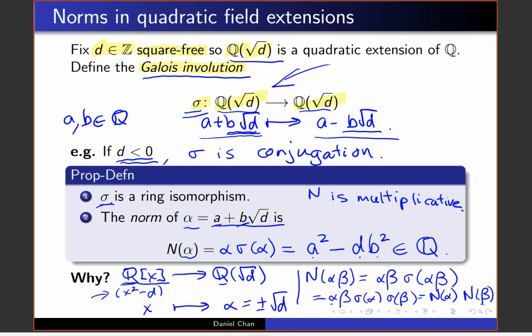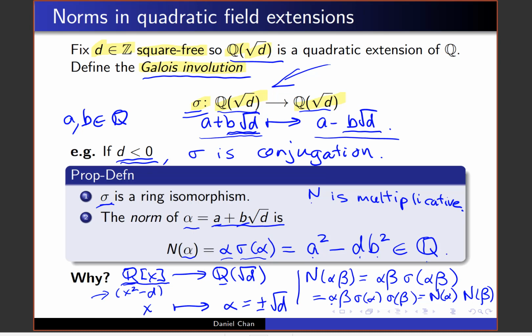Okay, so this norm turns out to be a very, very important tool in number theory. And just to sum up, in this case we just look at the norm from the quadratic extension Q(root D) to Q. What it does is it sends alpha to alpha times sigma of alpha, and this gives you a rational number, and this norm map is multiplicative.